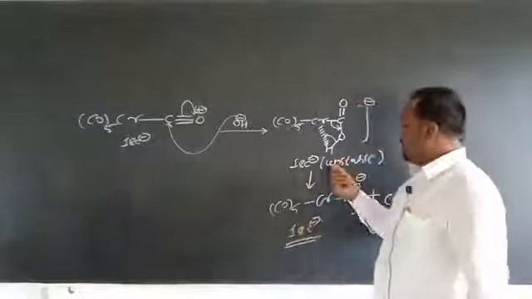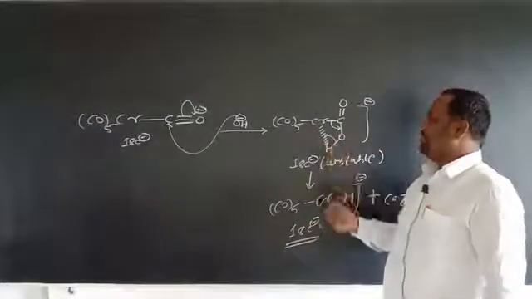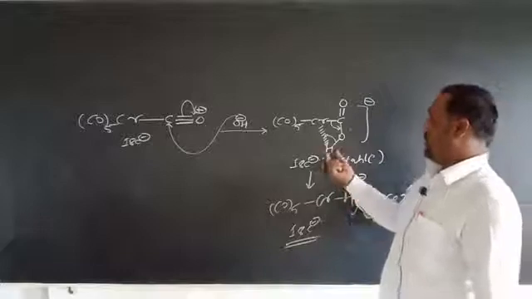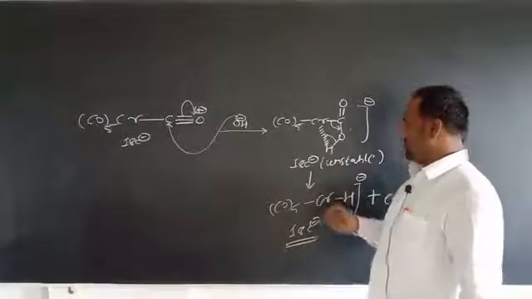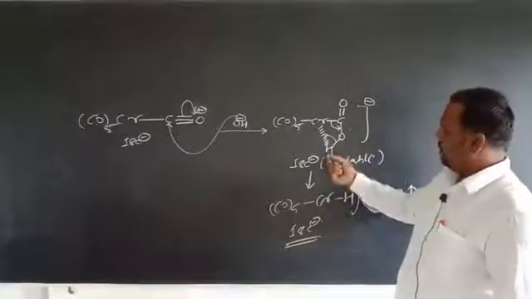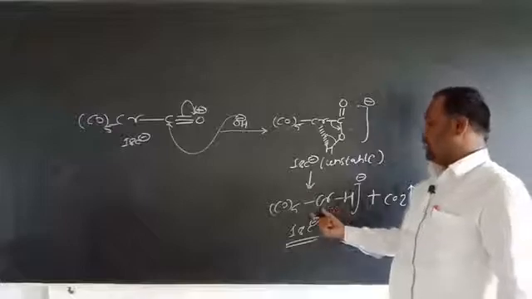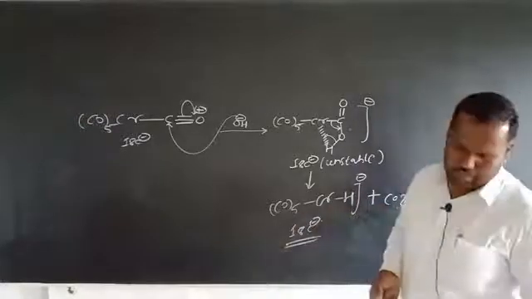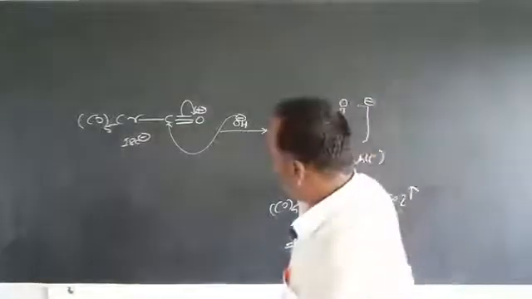The intermediate is highly unstable, and therefore it will show agostic interaction with the hydrogen atom attached to this oxygen, and finally we get the product, CO by 5 CrH with a negative charge, with elimination of CO2. So this is the first example.